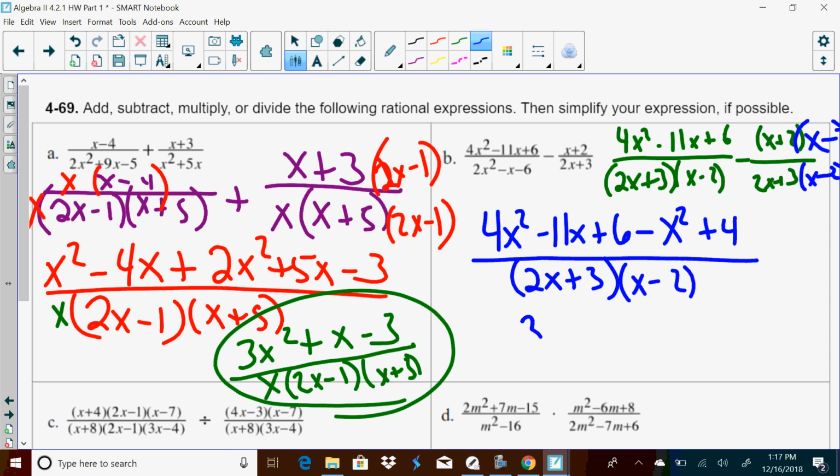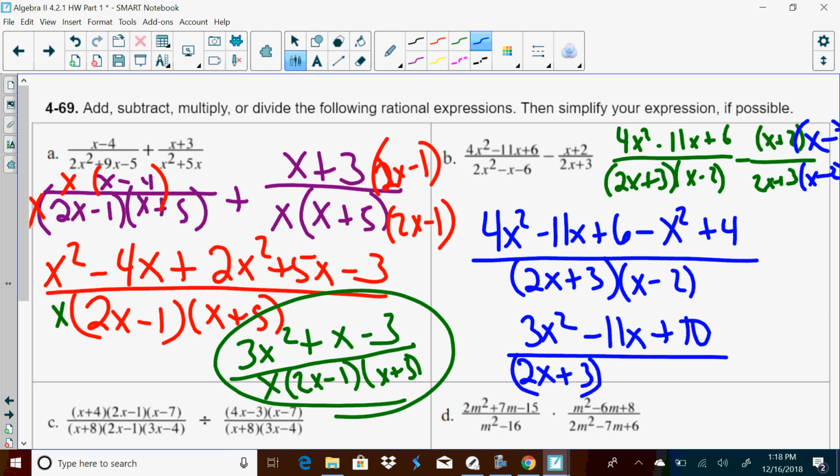So I get 3x squared minus 11x plus 10. Then I factor this, and it turns out that this is 3x minus 5 times x minus 2. So these cancel, and my final answer is 3x minus 5 over 2x plus 3.